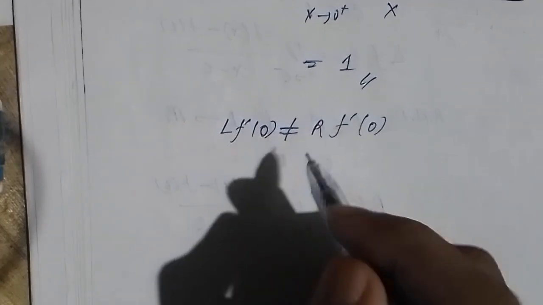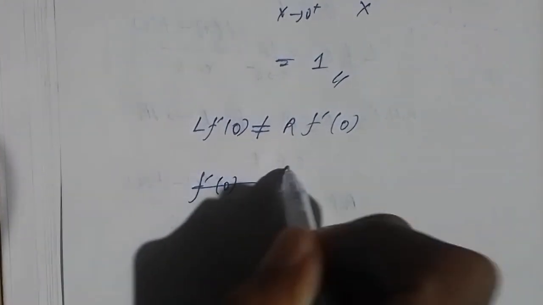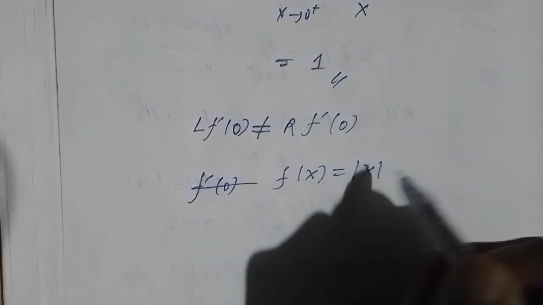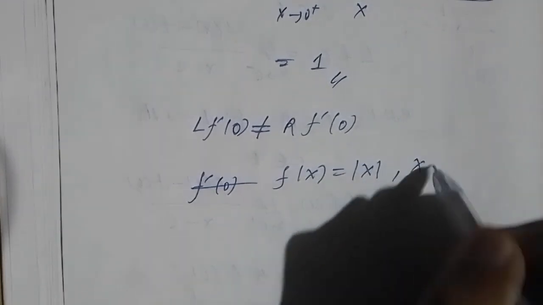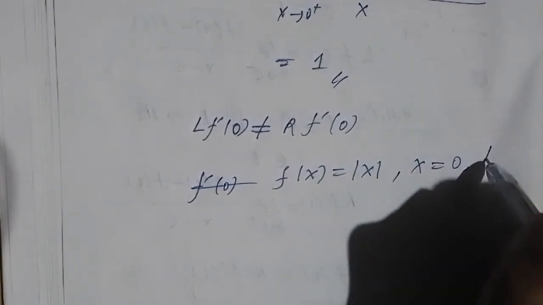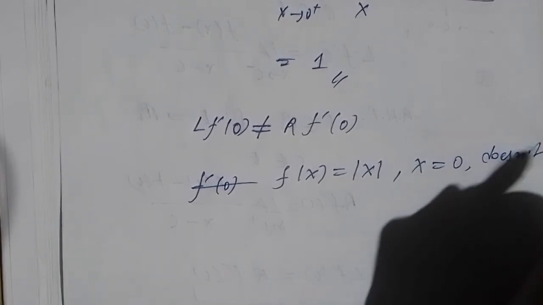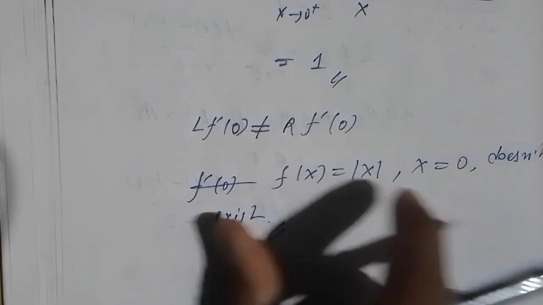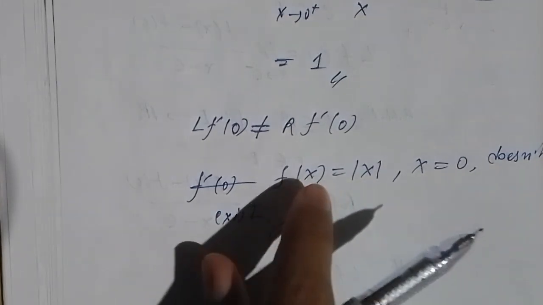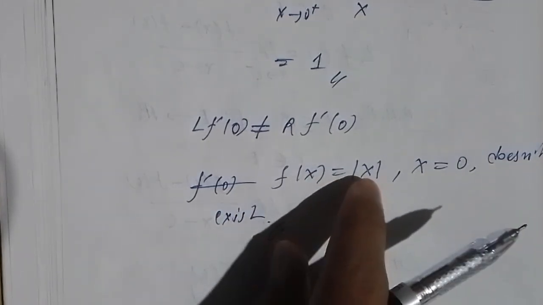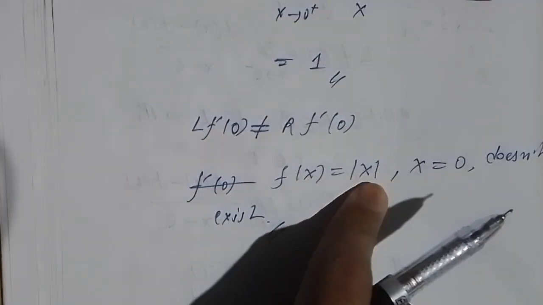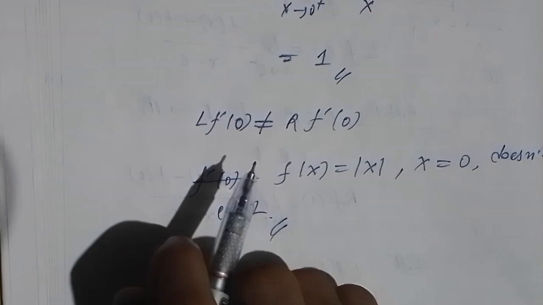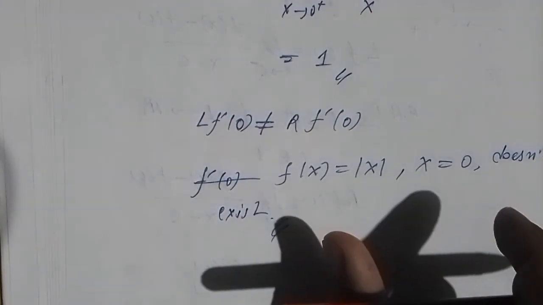So the derivative of the modulus function f(x) equals modulus of x at x equals 0 doesn't exist. That's the final answer.